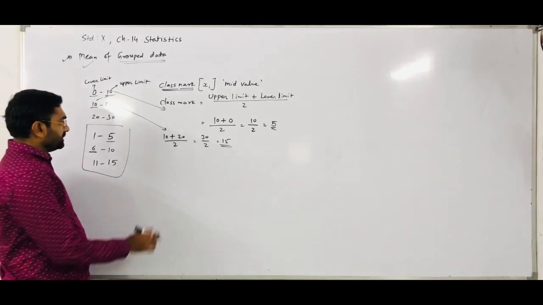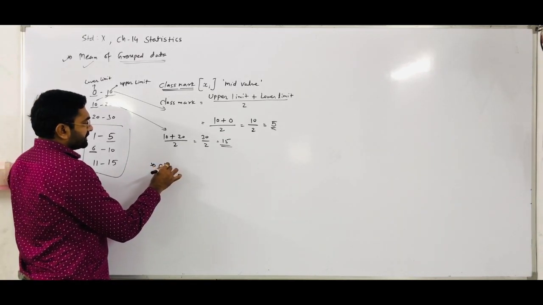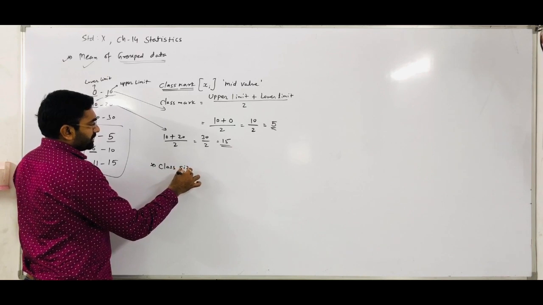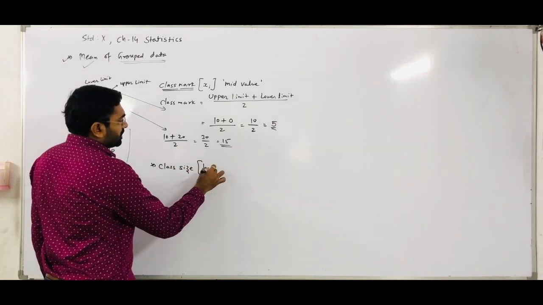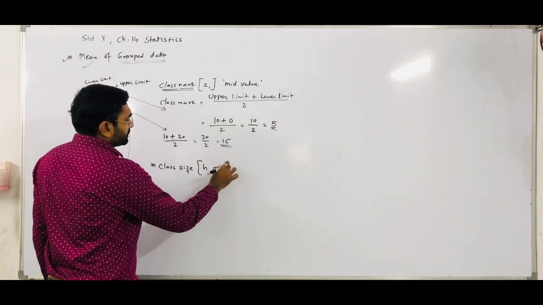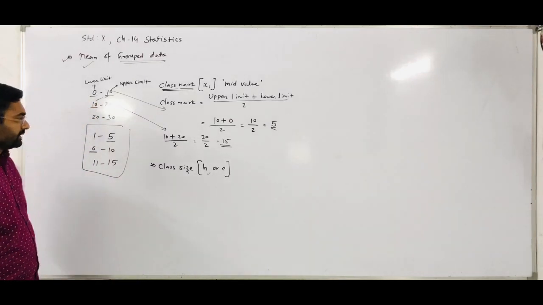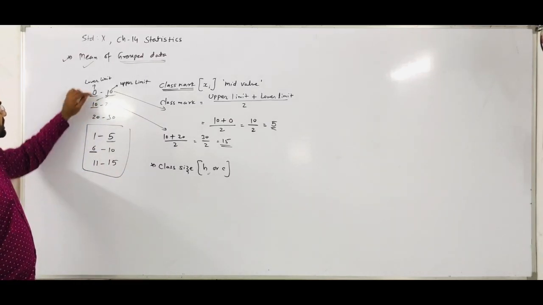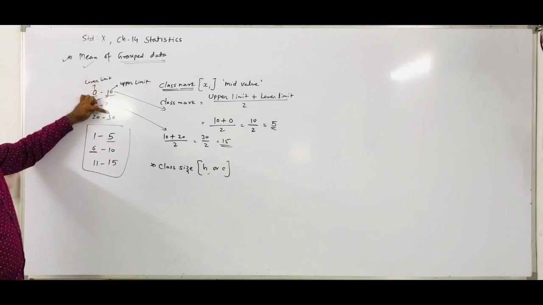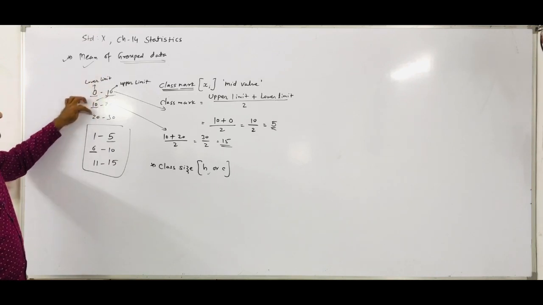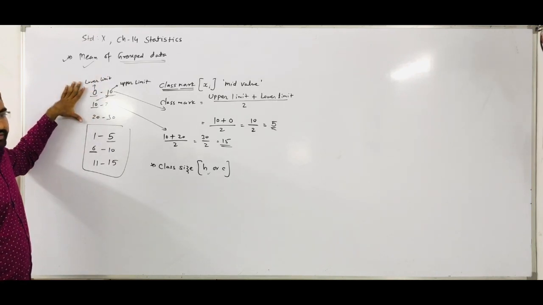Another thing is the class size. It is denoted by H or small c. Okay, so how can we find the class size? See, if it is a continuous class, here I represent 0 to 10, 10 to 20, 20 to 30, it is a continuous class.